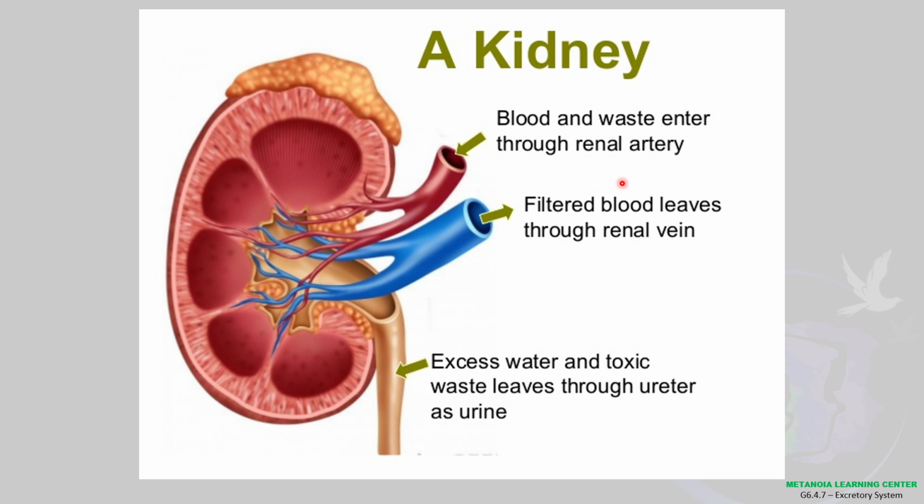Okay? Then from there, babalik na naman sa heart and to be pumped out all through our body na naman. Okay? And yung excess water and toxic waste leaves through the ureter as urine dito. Yung na-filter, that is not blood, na hindi siya dugo. Dadaan siya ngayon dito sa ating ureter.